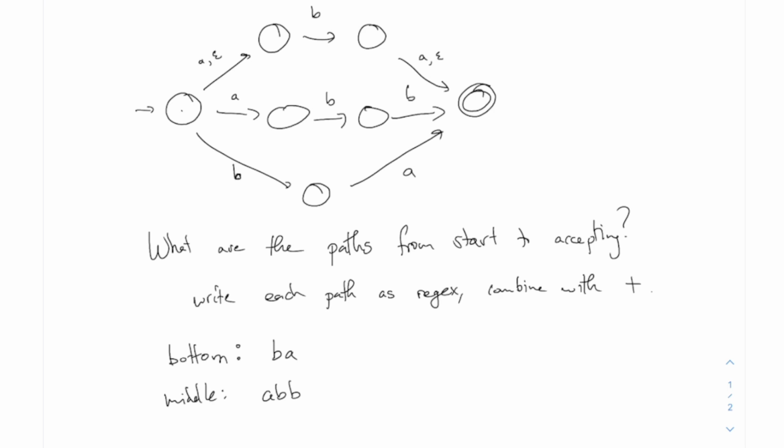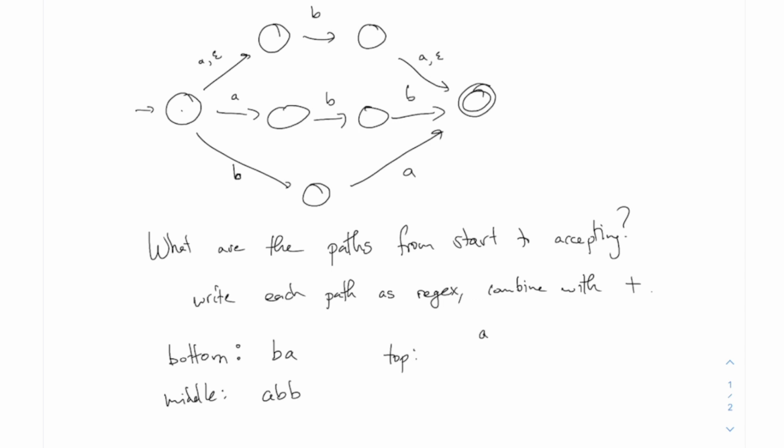Across the top is, I suppose, a little bit more interesting. What do you think? Yeah? B or A, B or B, A or A. Okay. I wasn't expecting him to say it that way, but yeah, if you think about those epsilons, there are only a few different ways to do it.